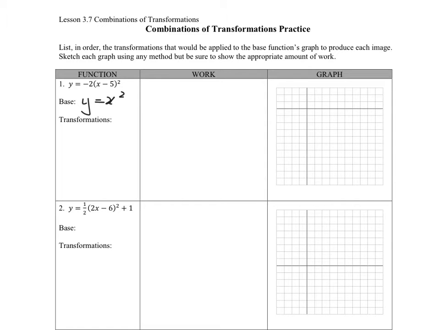In terms of stating the transformations, this function has been reflected on the x-axis, vertically stretched by a factor of 2, and translated 5 units to the right. So our origin, or vertex, is at 5, 0, because those would be the D and C values.